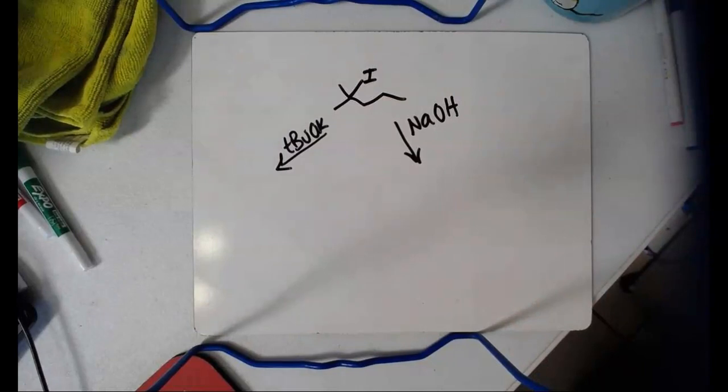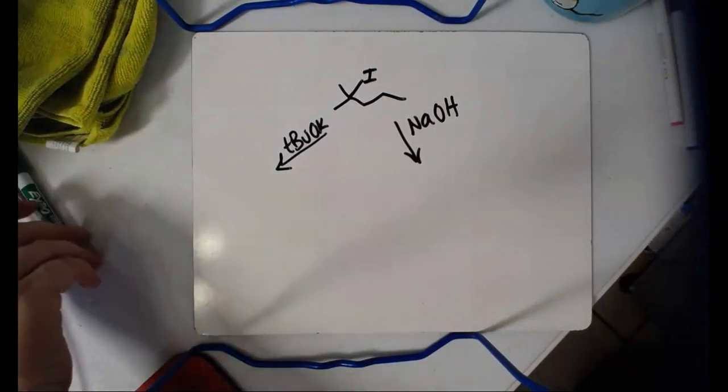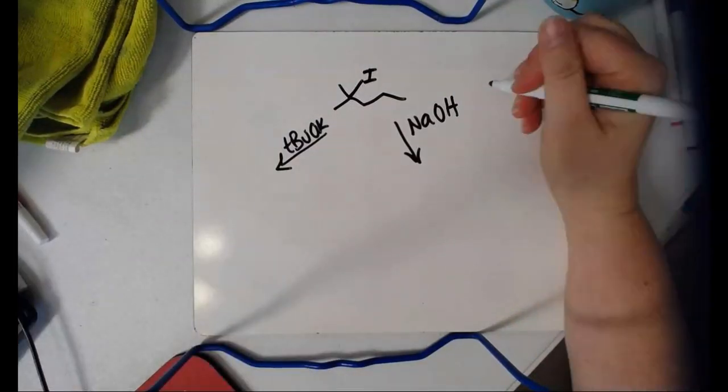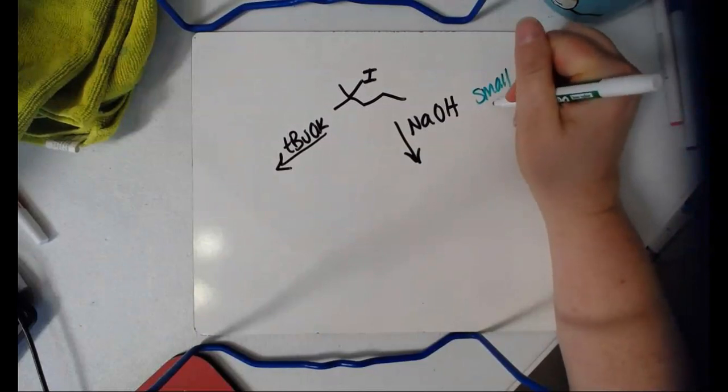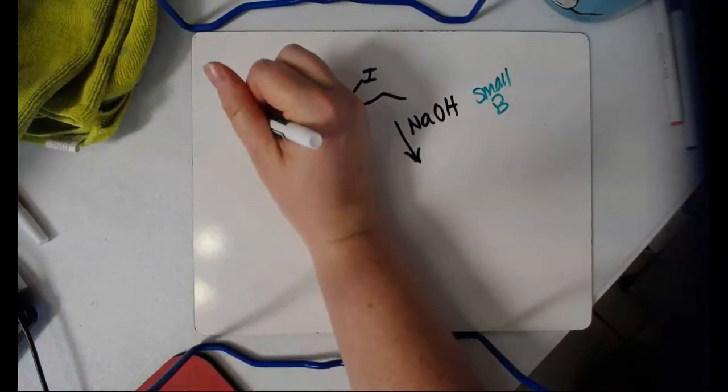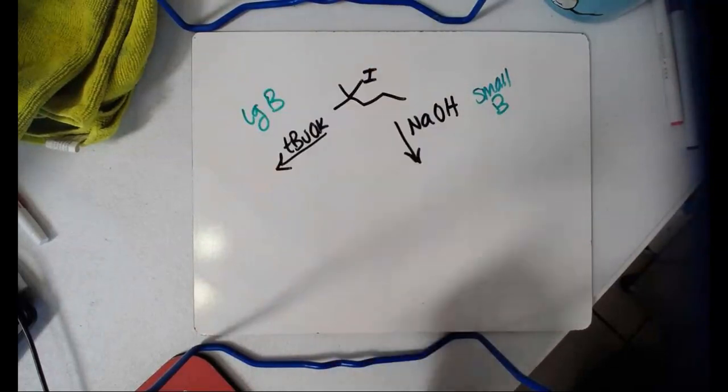So really, this means we're reacting it with a small base, and we're reacting it with a large base. And we want to write down the major product as a result of each of these reactions.